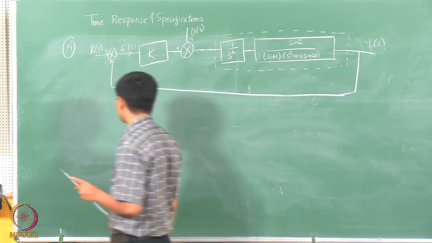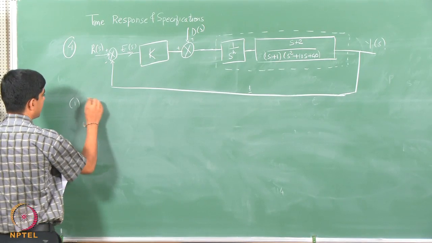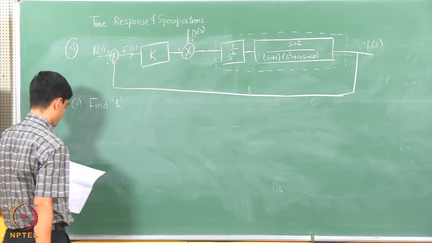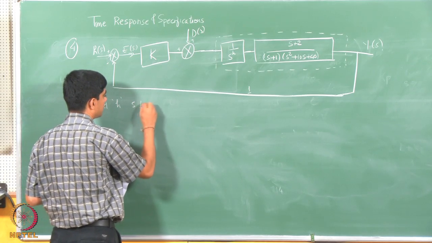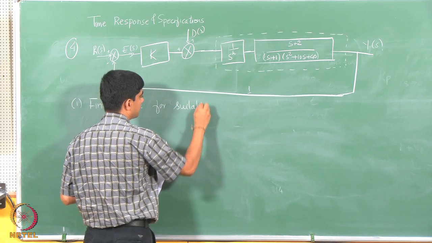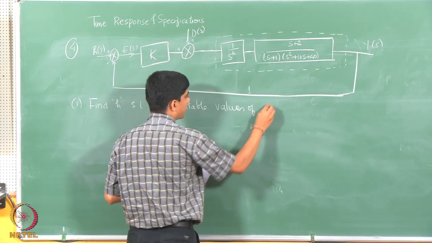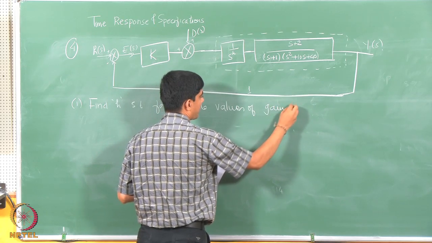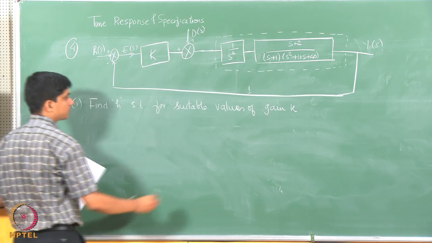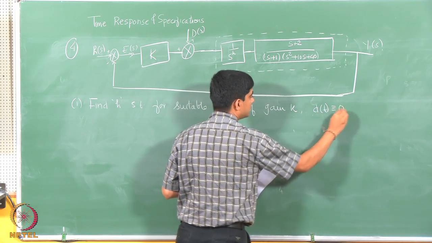Okay. So, in the first part, I would want to find h such that, for suitable values of this gain k, additionally, let me assume that the disturbance is identically equal to 0.